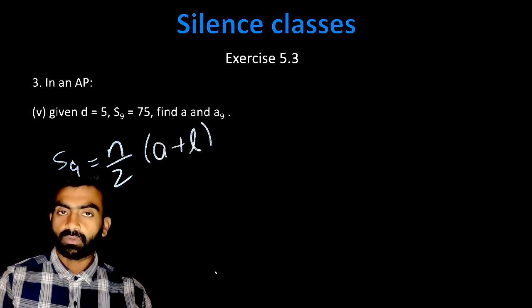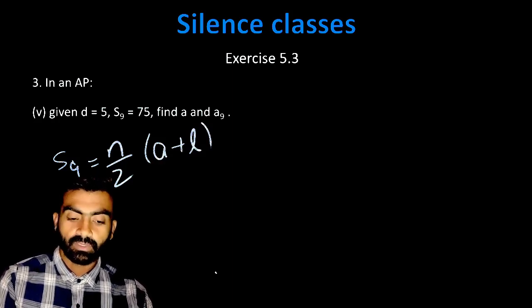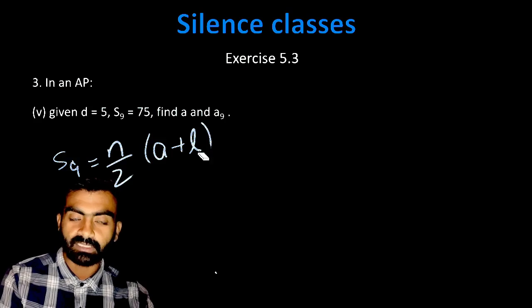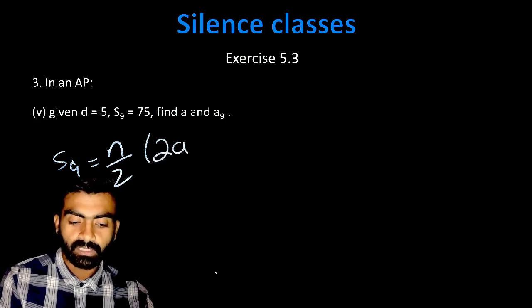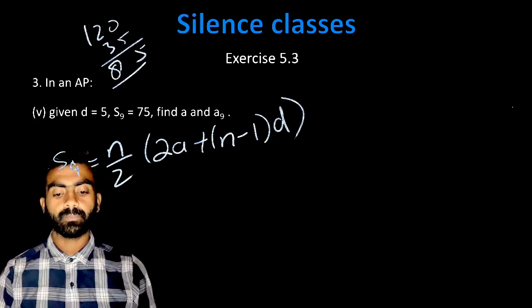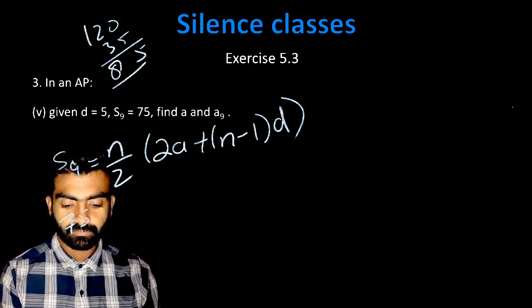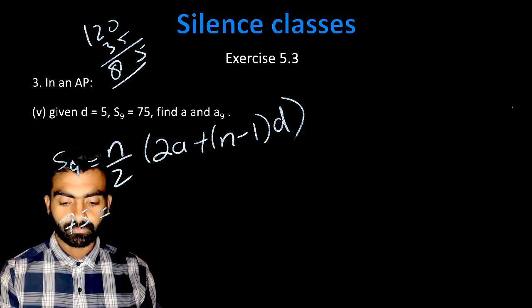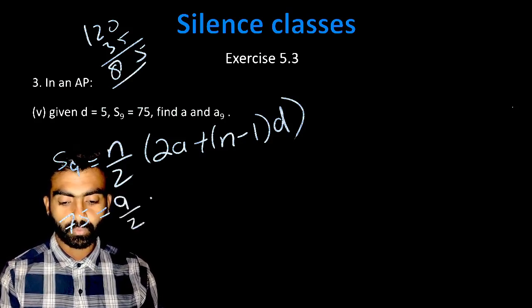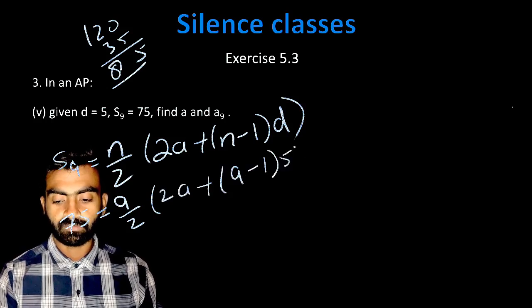You can use this formula, but here l is not given and we have to find a. So instead of this, we can use n upon 2 times 2a plus n minus 1 d. So now put the values. S9 is 75, so 75 is equal to 9 upon 2 times 2a, which we have to find, plus 9 minus 1 times the common difference 5.